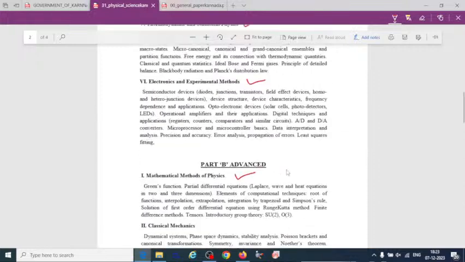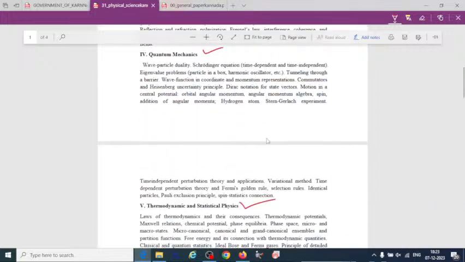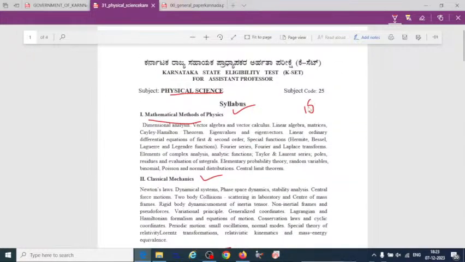So in total there are 9 core subjects in physical science.